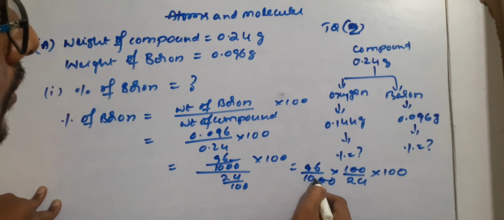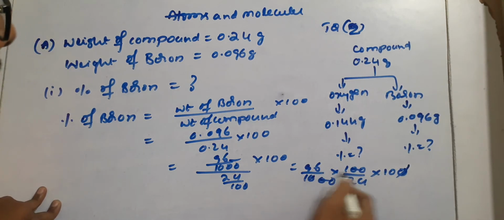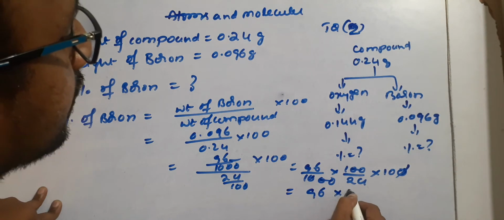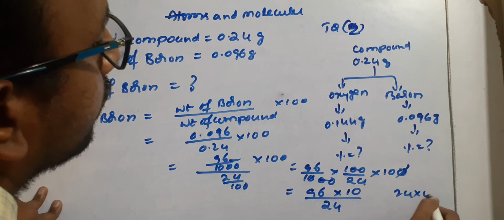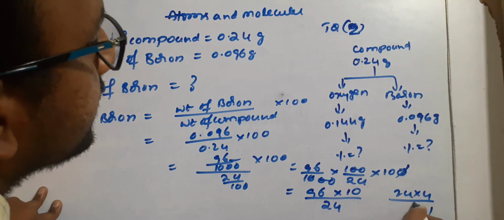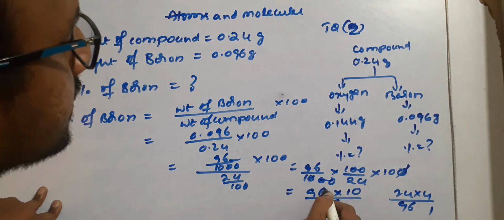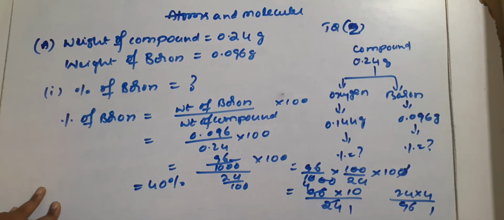Now 10 is cancelled, and we have 96 into 10 by 24. 24 fours are 96. So the percentage of boron is 40 in this compound.